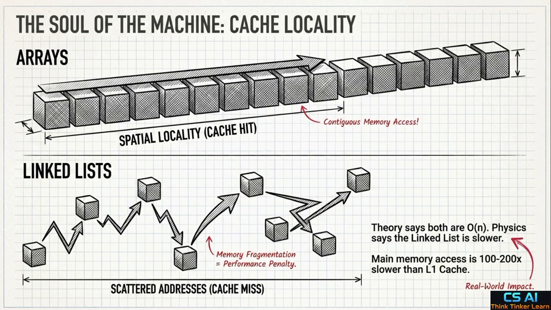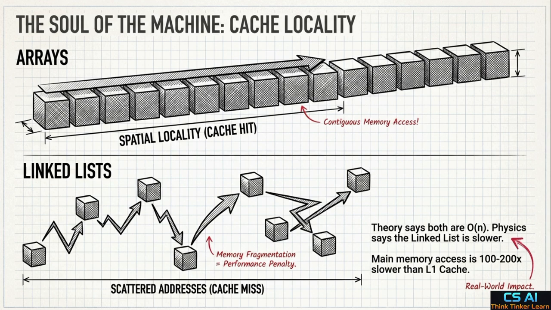Next, let's discuss the soul of the machine, cache locality. While theoretical Big-O complexity often puts arrays and linked lists on par for certain operations like traversal, both are O(n), physics says that the linked list is slower. Arrays benefit from spatial locality, meaning data is stored contiguously in memory.